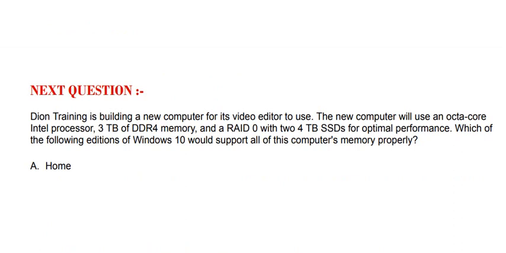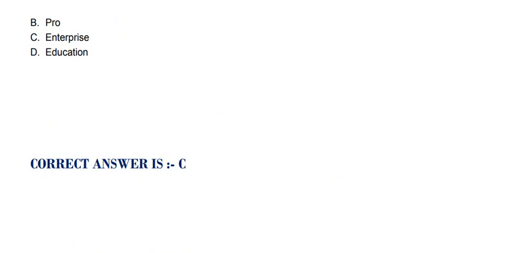Which of the following editions of Windows 10 would support all of these components and memory properly? And the options are: option A, Home. Option B, Pro. Option C, Enterprise. And option D, Education. The correct option is option C.